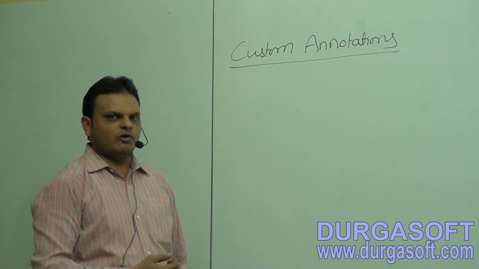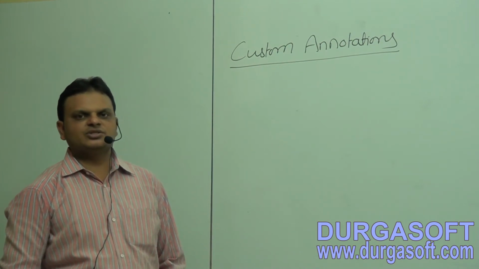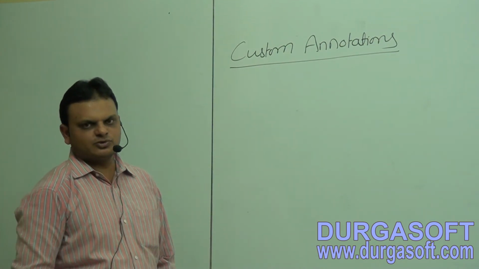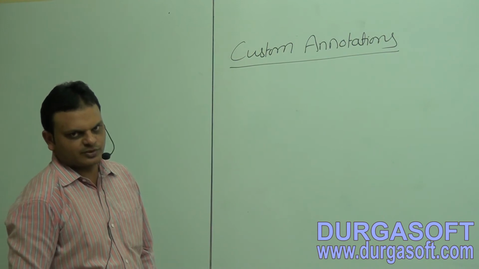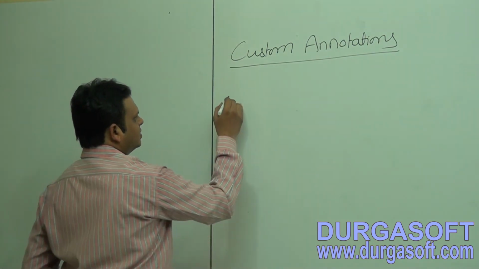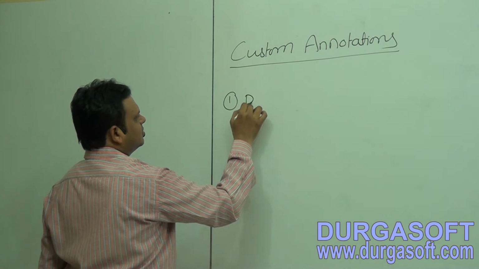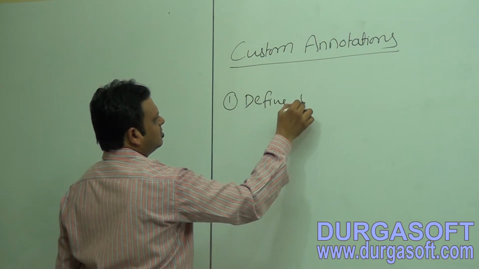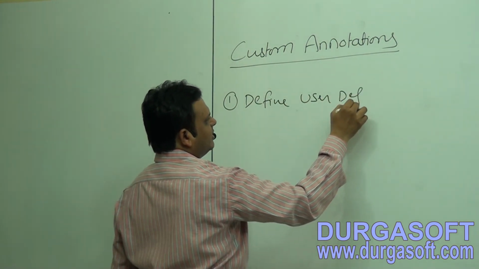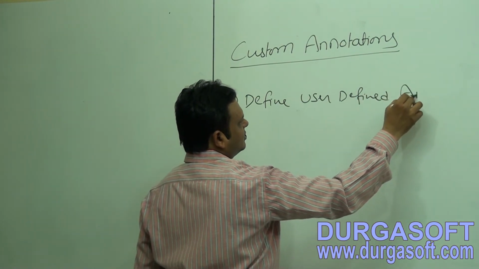If you want to define user-defined annotations in Java, we need some steps. What are the various steps we require? Step number 1: define a user-defined annotation.